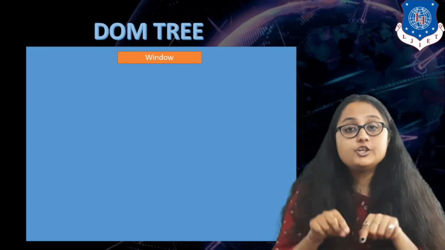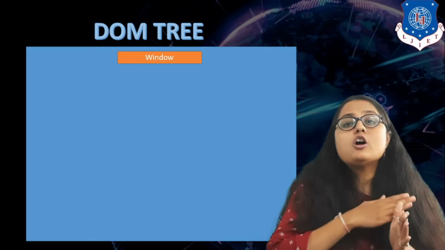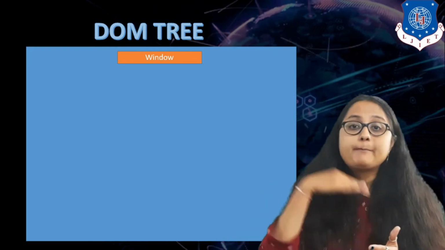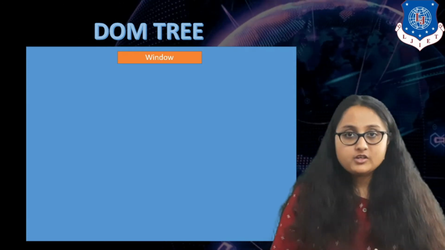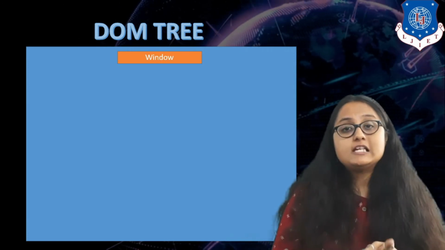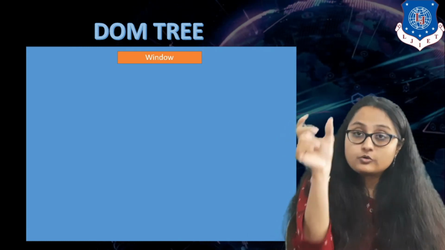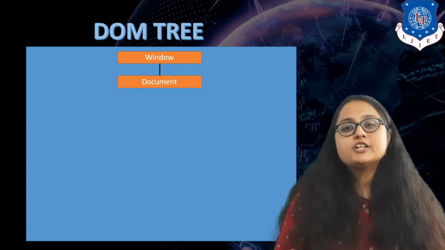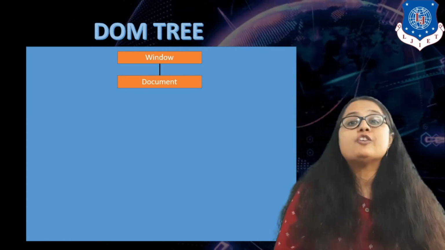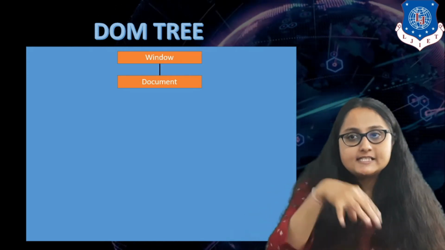That browser window itself is also an object. So all the HTML documents are basically children of which object? The window object, right? So as soon as you load an HTML document, the first object in the hierarchy, the root, is window. After that, what is the second object created as a child of the window object? That is your HTML document object itself, right?